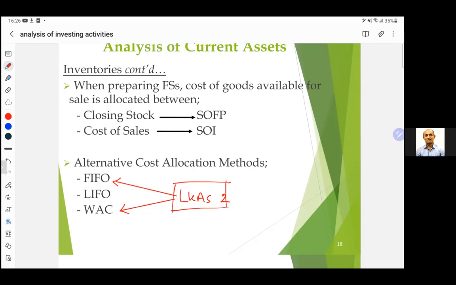But in a UK context, you can apply the LIFO method also. In Sri Lankan context, LIFO is not allowed, but in a UK context, the LIFO method is allowed.